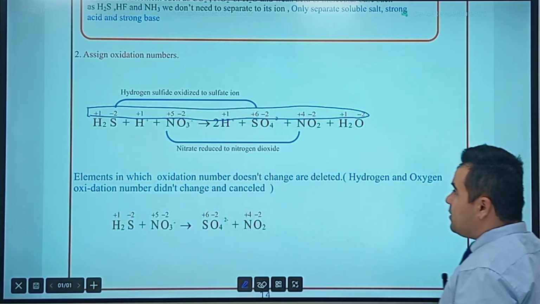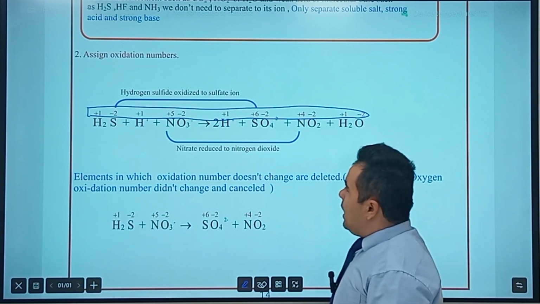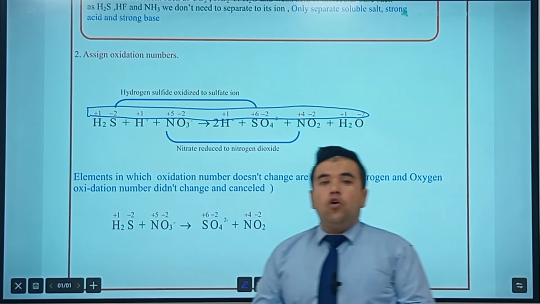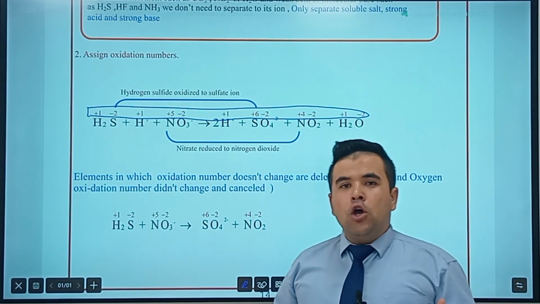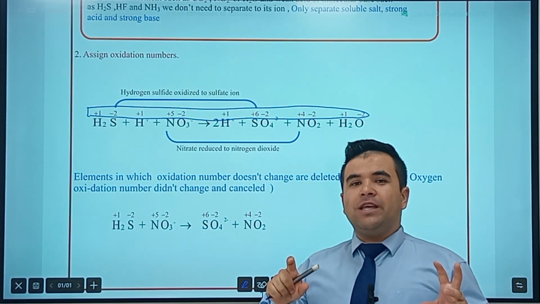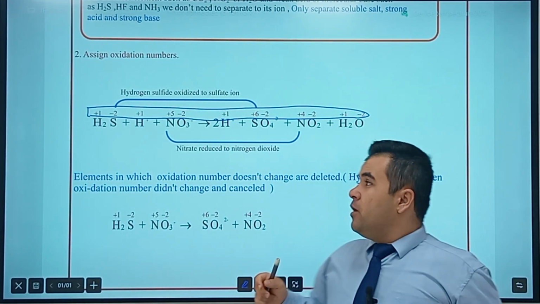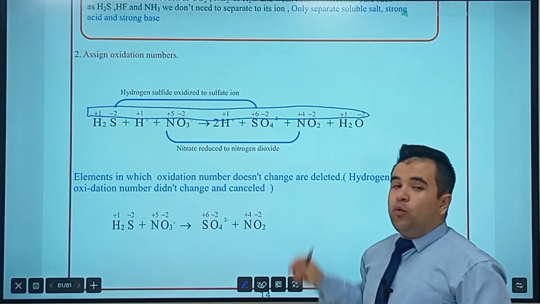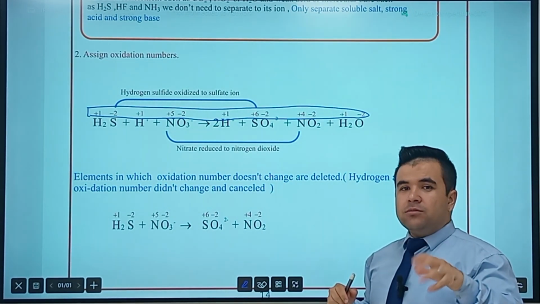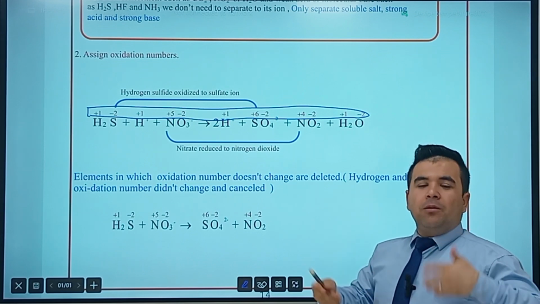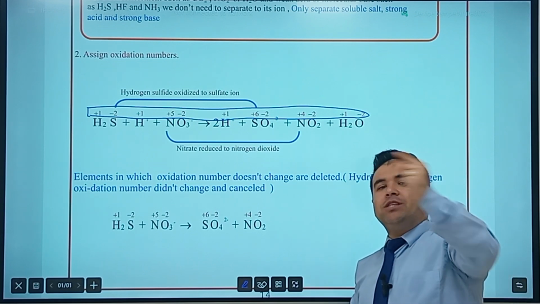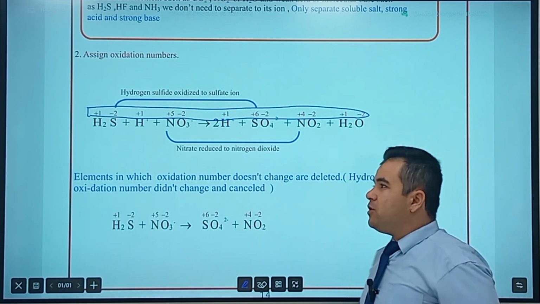In this case, we have to eliminate those species, compounds or atoms whose oxidation state is unchanged, because after this stage we need those atoms or polyatomic ions or compounds whose oxidation state changed from reactant to product.